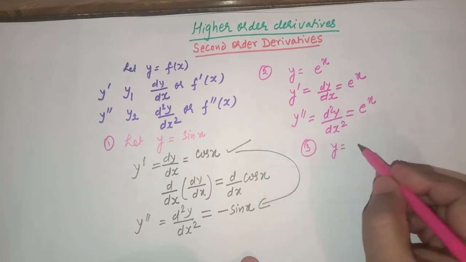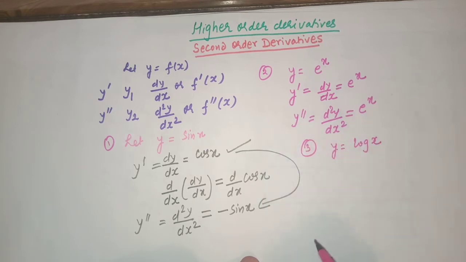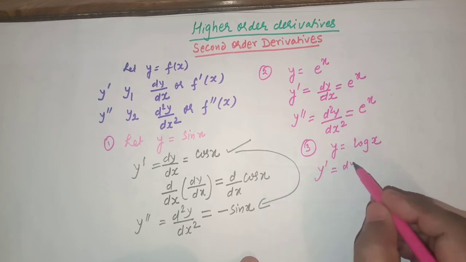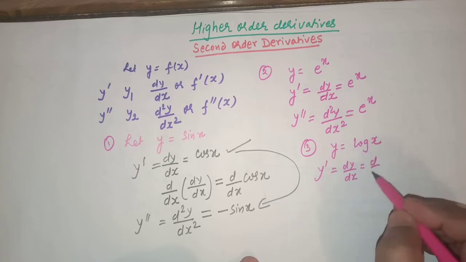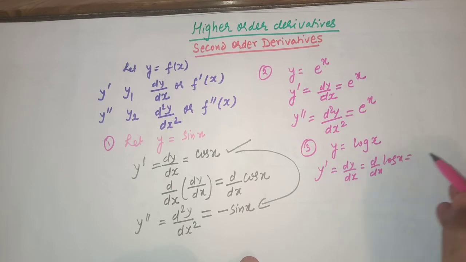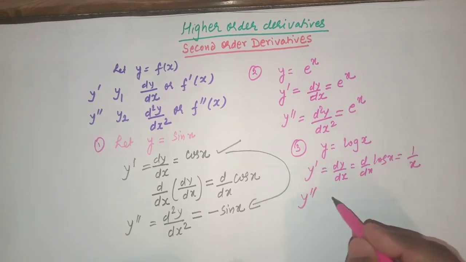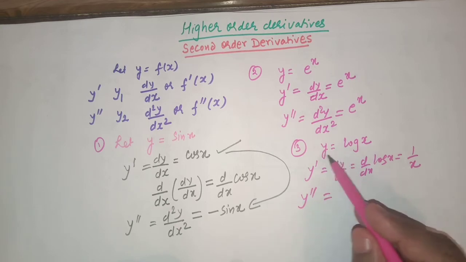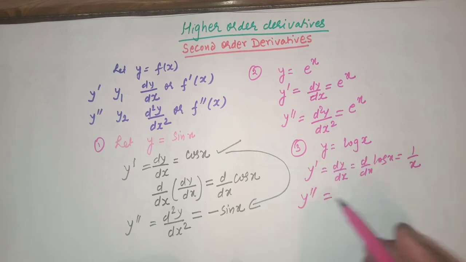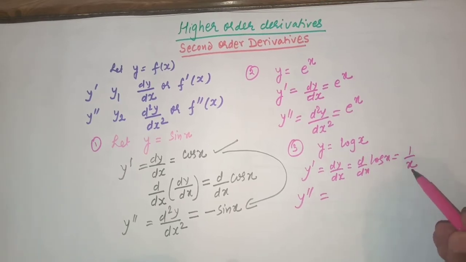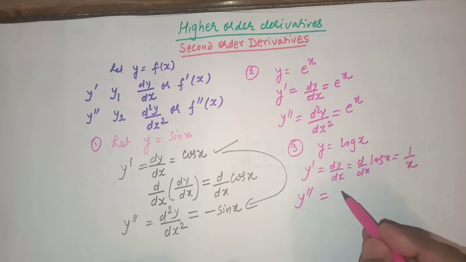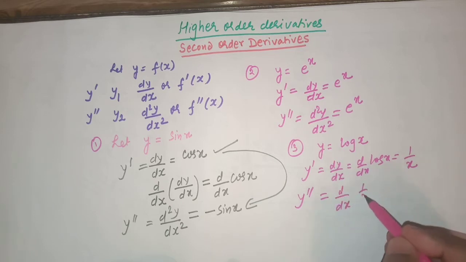Say y equal to log x. Now let us find the first derivative, that is y prime, that is dy over dx. So the derivative of log x is 1 over x. Clear? Now the second derivative of log x can be obtained by differentiating 1 by x with respect to x.